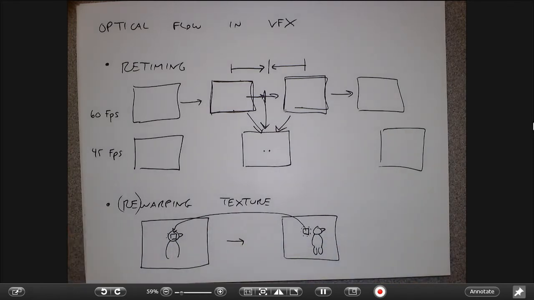So I can estimate what the pixel flow is around where I want to put the texture back in, and then push those flow vectors back over into the image to put down the texture in the right place, right? So moving pixels around based on optical flow is also a very common thing to want to do, okay? So I think those are the two main reasons that you would want to do flow.